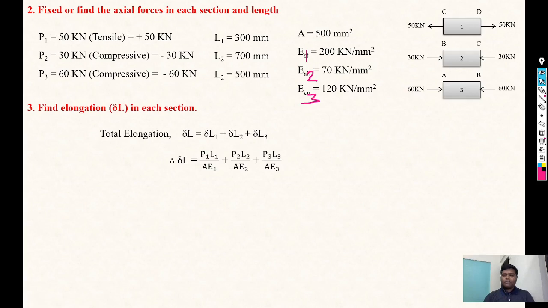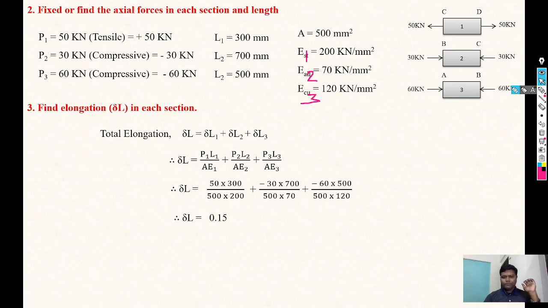The total change in length formula is delta L1 plus delta L2 plus delta L3, where delta L1 is the elongation of the first section, and delta L2 and delta L3 of the second and third sections. Just put in all the values and we will get the answer. P1 is positive, P2 is minus 30, negative, and P3 is minus 60, negative.